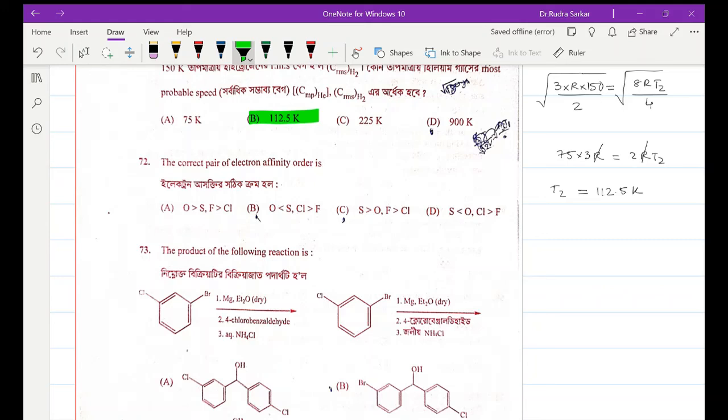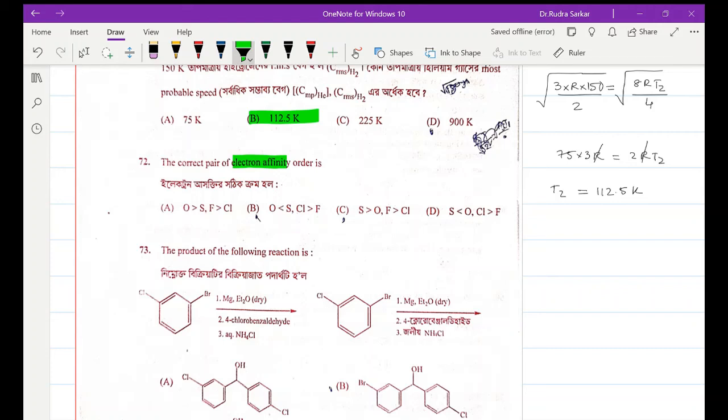Correct pair of electron affinity order. Okay, always fluorine is less than that of chlorine. Electron affinity, not electronegativity, okay? And also remember that second period elements have lesser electron affinity for similar reasons used for why fluorine has less electron affinity than chlorine.